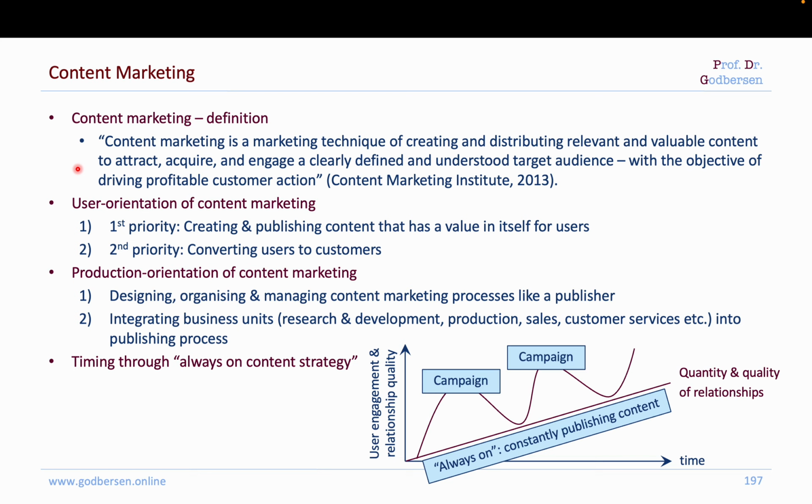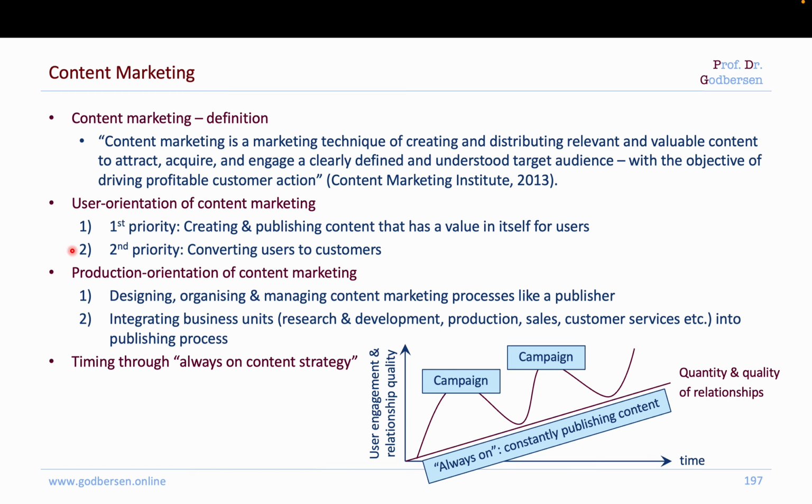The first priority is you need to create and publish content that has value for the user in itself. Not starting from the perspective of your brand or you want to sell something. Create content, and this content alone has a value to customers or users.